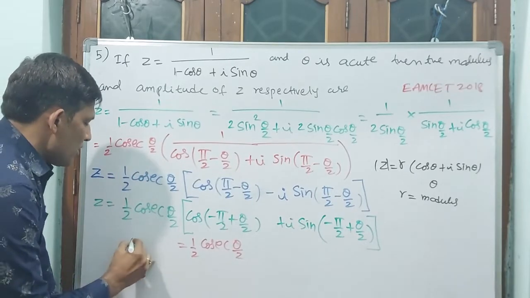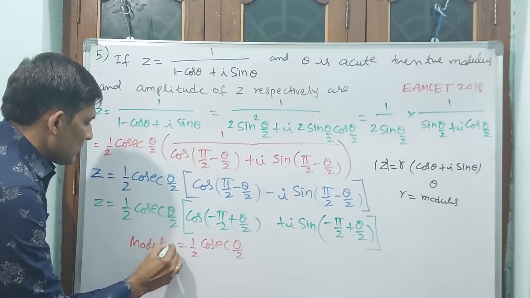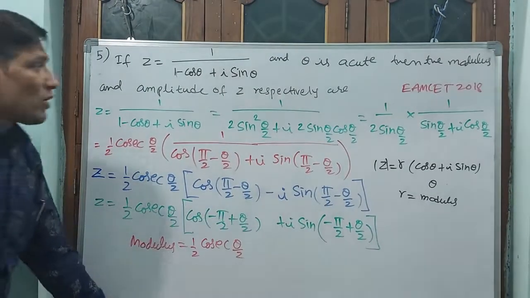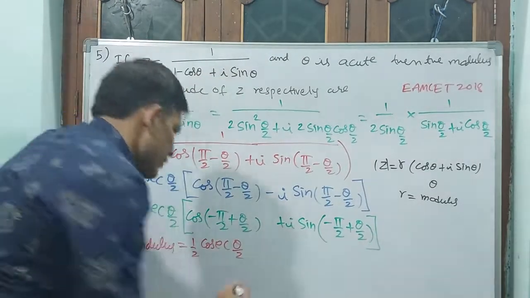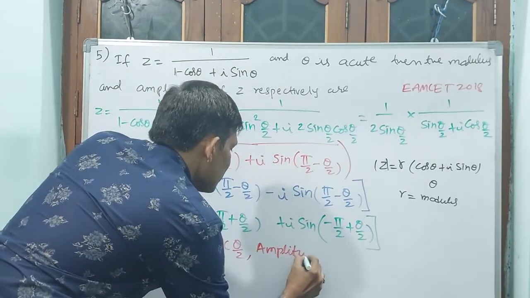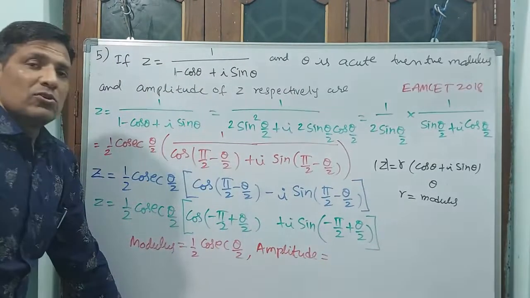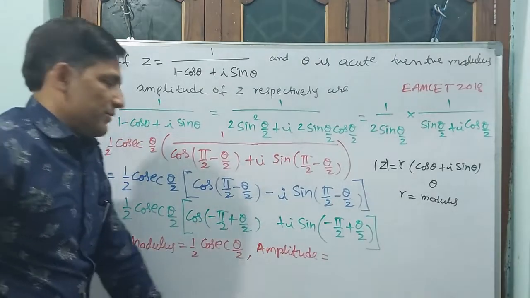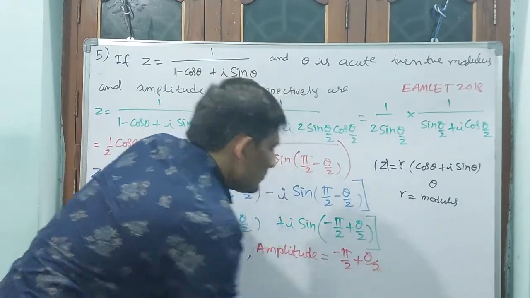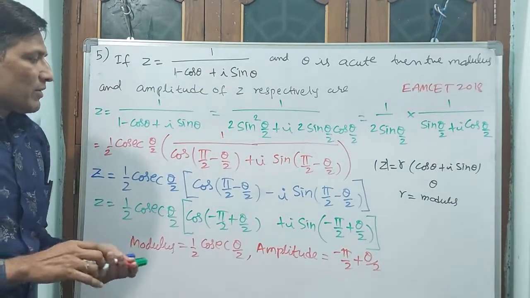Sorry, forgotten. Modulus is equal to 1 by 2 cosecant theta by 2. Amplitude, now you write. Amplitude, argument, whatever it may be, amplitude is equal to minus pi by 2 plus theta by 2. Okay, this is the answer for your question.